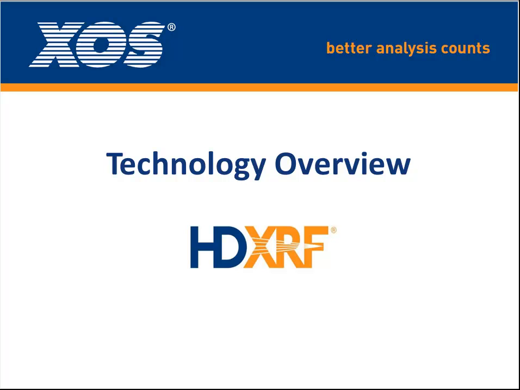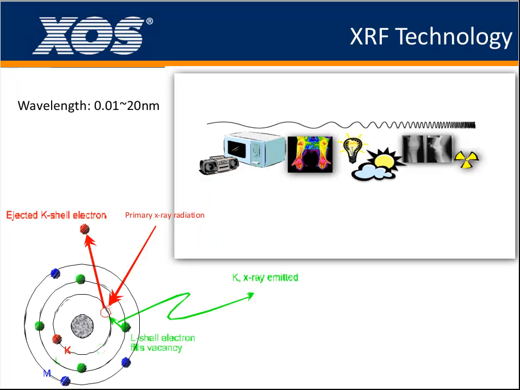A technology overview. HDXRF means high definition X-ray fluorescence. So what is X-ray? X-ray is electromagnetic radiation with wavelength from 0.01 nanometer to 20 nanometer. X-ray is very commonly used in our daily life.